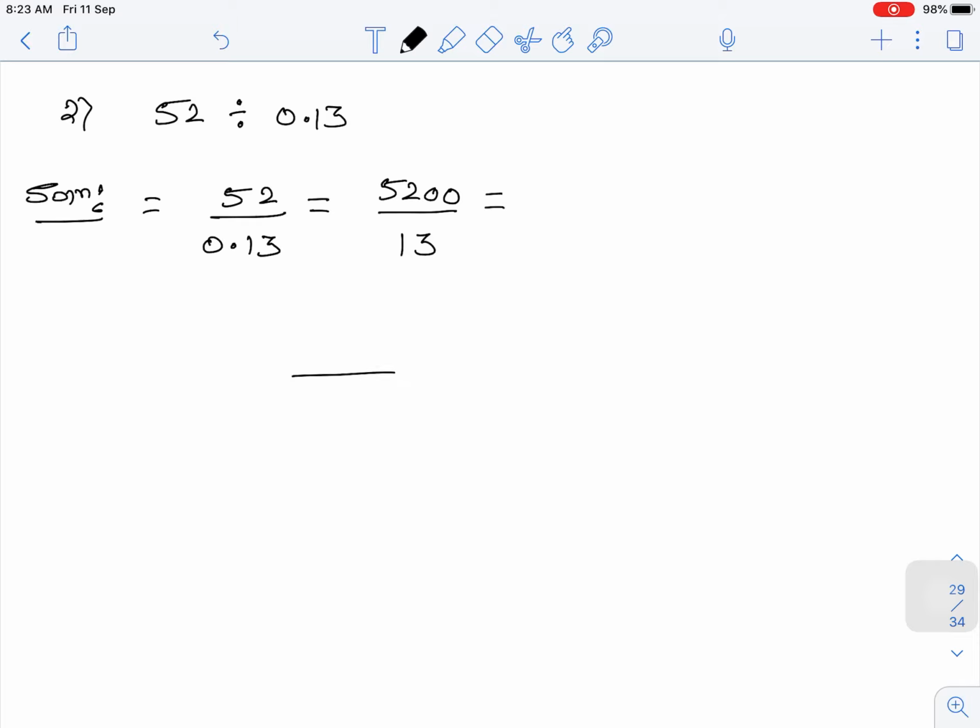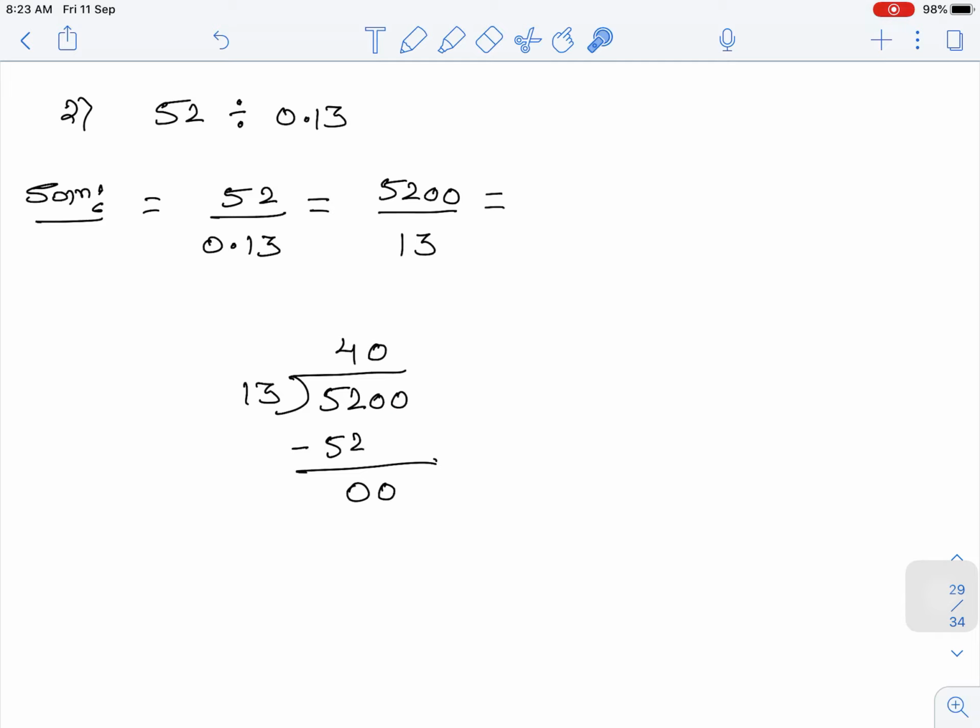Now we have to divide 5200 by 13. Let us divide it. It's an easy table for us. 13 1s are 13, 13 4s are 52, remainder 0. Now next comes 0. This 0 is not divisible by 13, so we write one more 0.